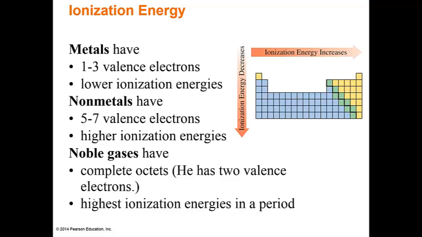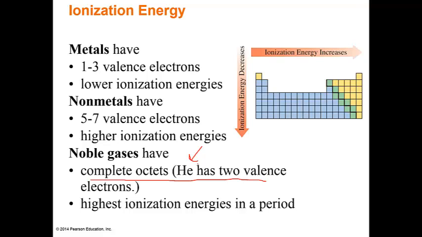So noble gases have something called complete octets. It's called the octet rule, with the exception of helium, which is so small it has 2 valence electrons. But the rest of them have 8, okay? So they have the highest ionization energies, and that's simply because they are stable, they are happy, they don't want to react, okay?